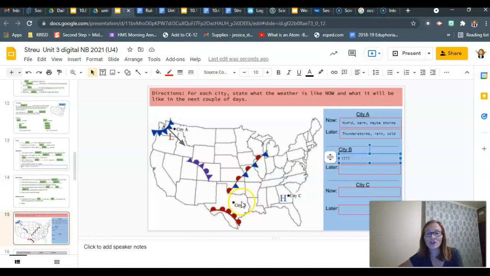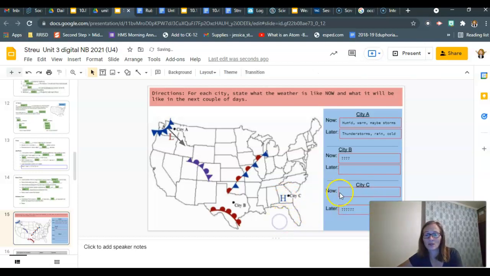But there is a front that is going to hit City B. It's this one right here. Okay. City C has current weather conditions happening right now. It's this right here. But we do not know for sure what's going to happen later because there's no particular thing headed for City C. All right, so you need to fill in those two blanks.